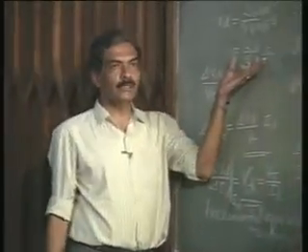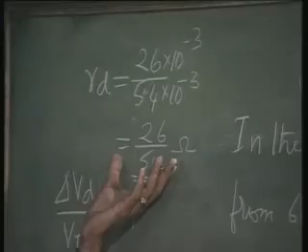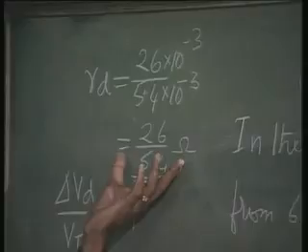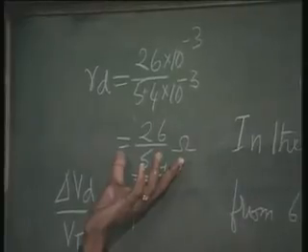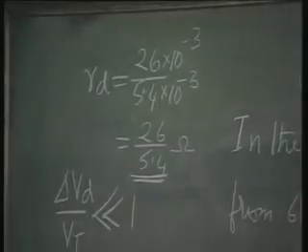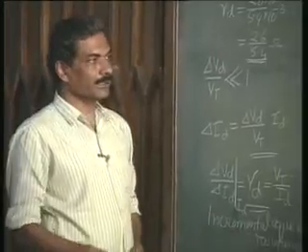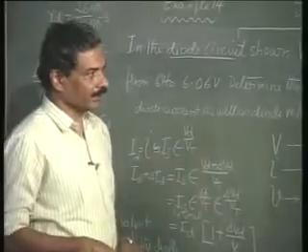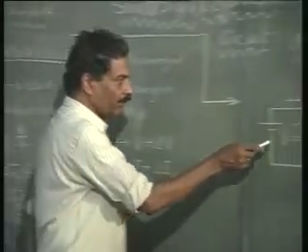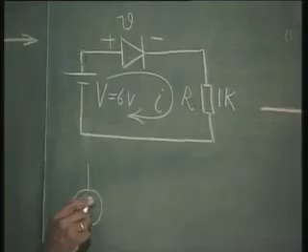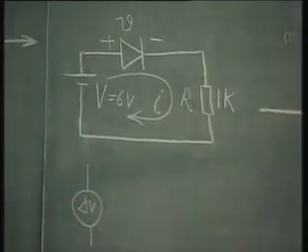So, this is the way we can evaluate the small signal equivalent circuit for the diode. And now what do we get? Therefore, I can replace the entire circuit by the small signal equivalent circuit for the diode if it is assumed to be linear around these changes. So, if this is changing from V to V plus delta V, this is going to be indicated by delta V all alone, okay?